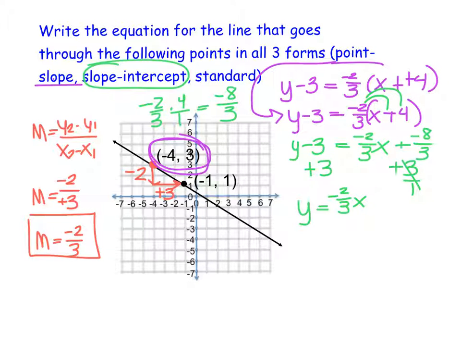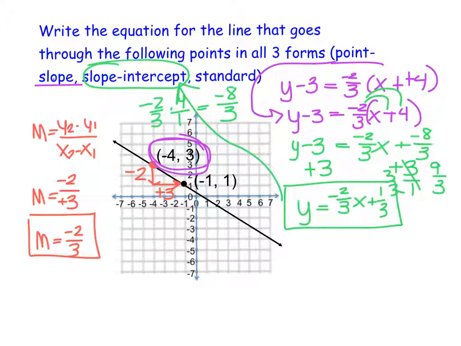So if we multiply everything by 3, that's really 9 over 3. So that's negative 8/3 plus 9/3. So here we really have negative 2/3 x plus 1/3. So that is my slope intercept form.